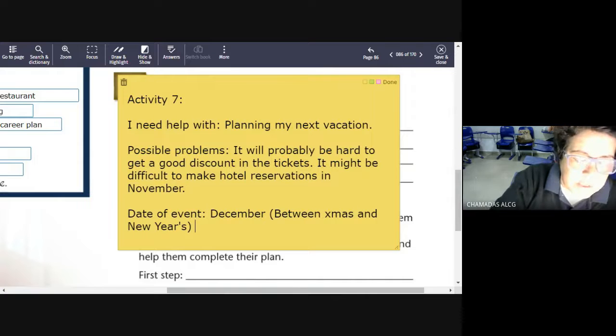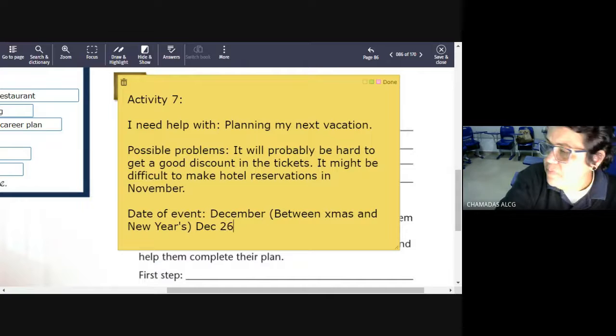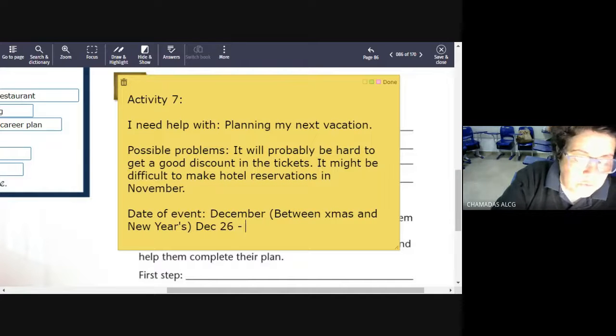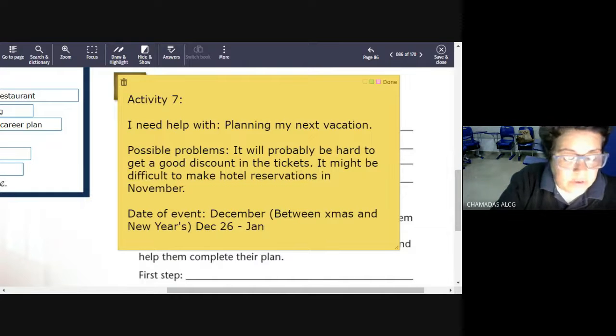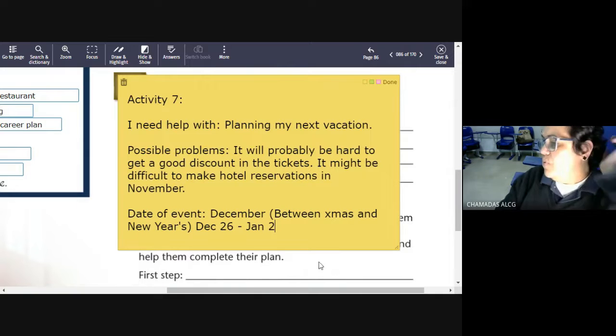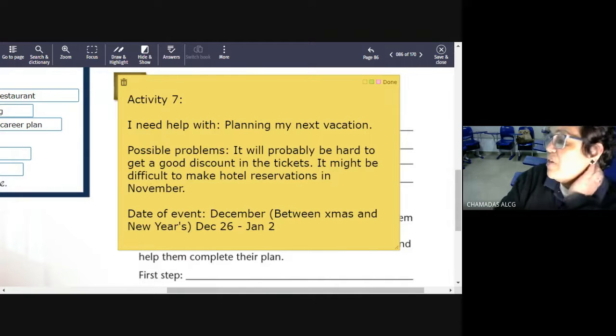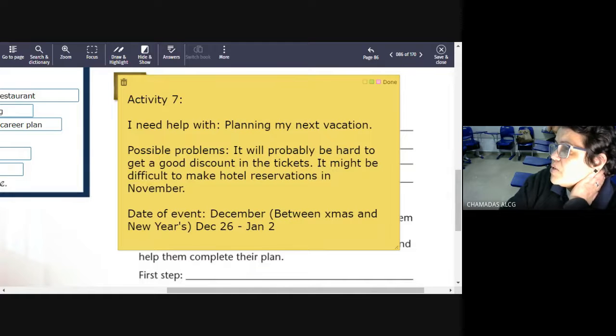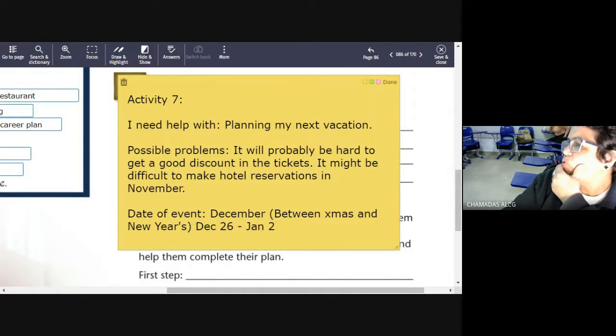So let's put here a tentative date to January 2nd, suppose. Let me see. I don't even know when these dates will be this year. Let me see. December 26th will be Monday. January 2nd will be Monday, the following week.